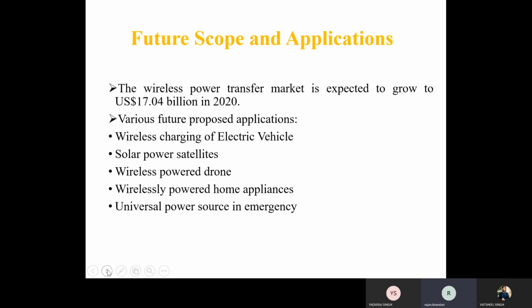Then there is solar powered satellite, in which a large satellite having a large solar panel is placed in space, which converts solar energy to electrical energy and transfers it to earth using microwave wirelessly.